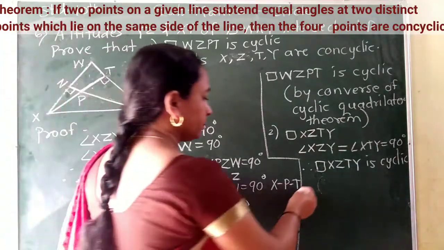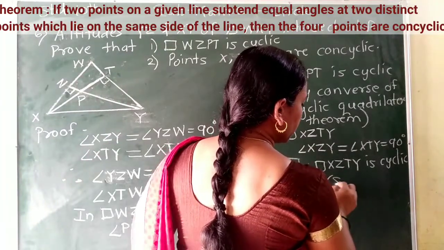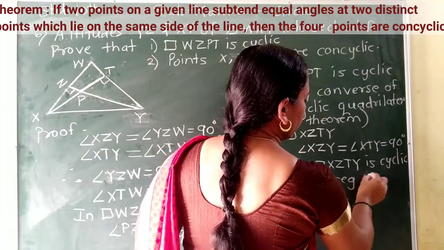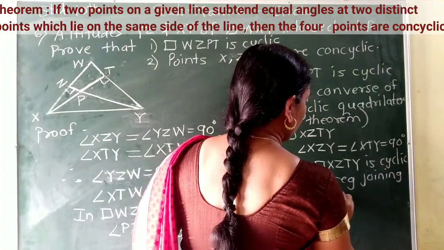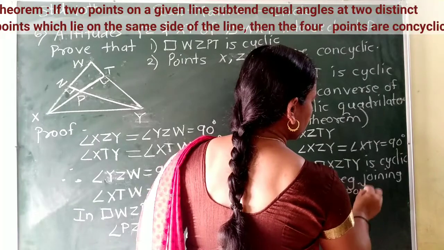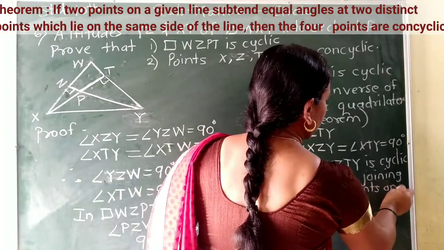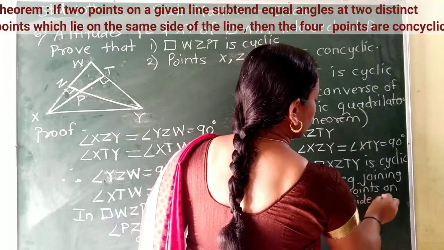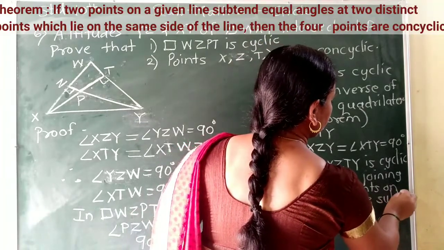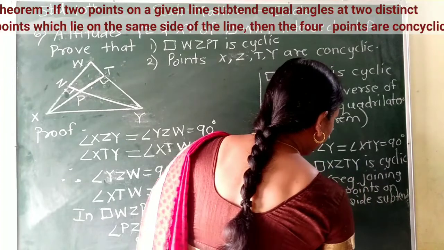So therefore, the reason is: the segment joining two points on the same side subtends congruent angles.